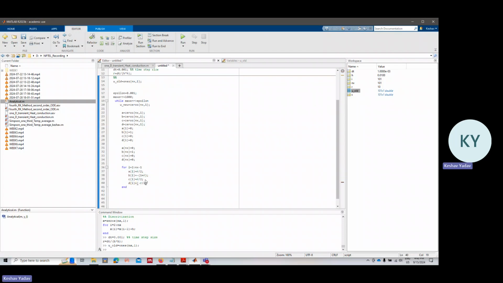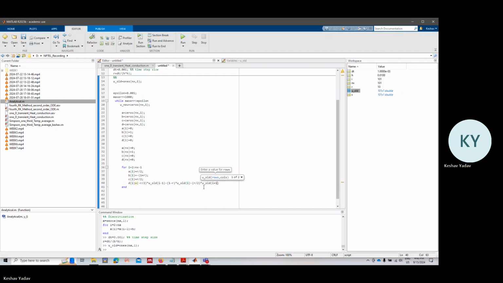Minus r by 2 multiplied by u old of i minus 1, minus in bracket 1 minus r multiplied by u old in bracket i, minus r by 2 multiplied by u old in bracket i plus 1.